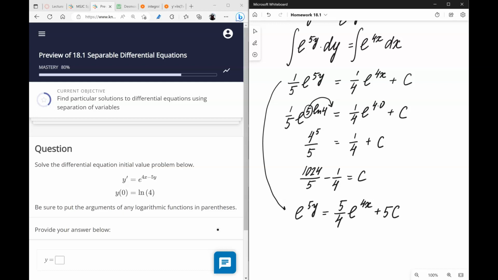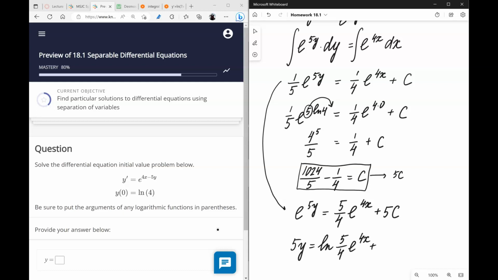Now if we take a natural log, we're going to get 5y equals ln of 5/4 e to the power of 4x plus 5c. But 5c, if this is your c, then 5c will be equal to what?